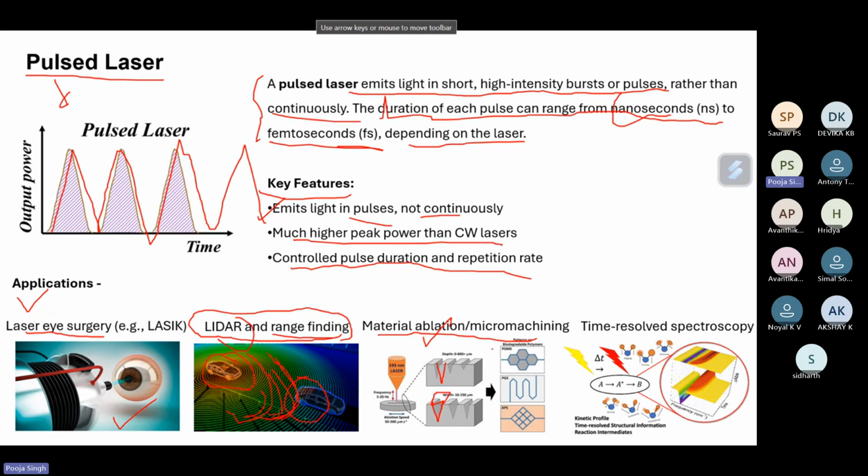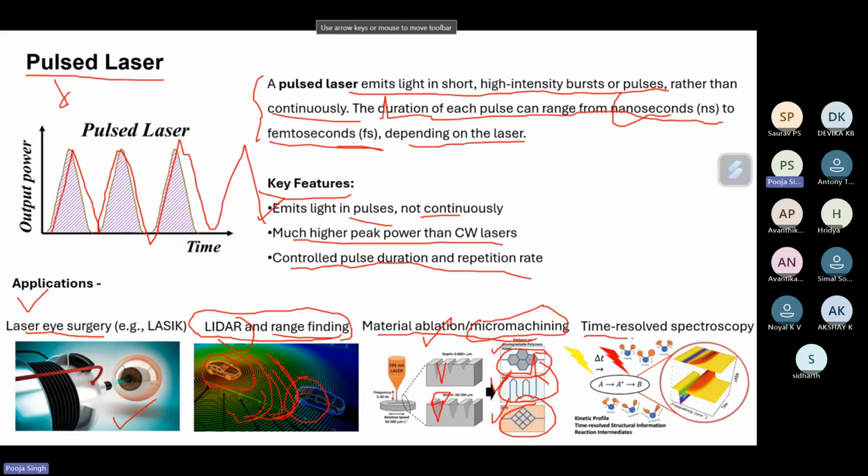Here basically PDMS is there. PDMS is basically solid, but you can convert it into liquid also. And then PDS, APS, this kind of polymer, I think. So if you are putting the laser on this, that high-intensity source will cut and give you a designed shape. So it is basically used in the micromachining technique.